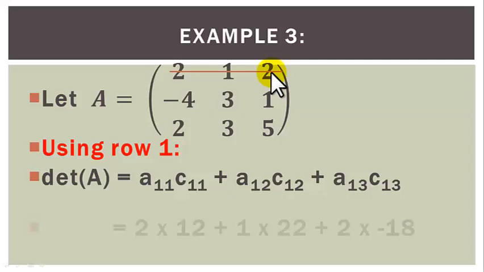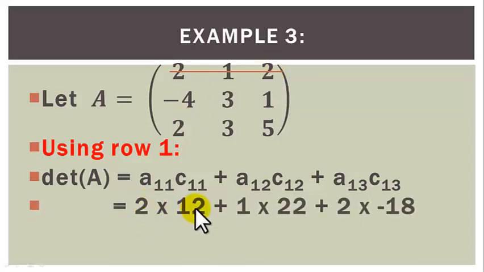That is 2 times 12, C11 we computed to be 12, plus 1 times 22, that C12 is 22, plus 2 times minus 18, C13 is minus 18. When we multiply and sum, this will give us 10.